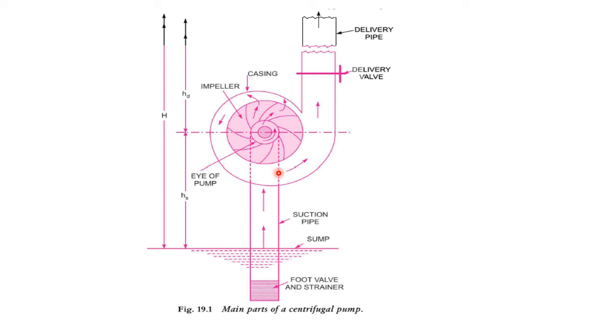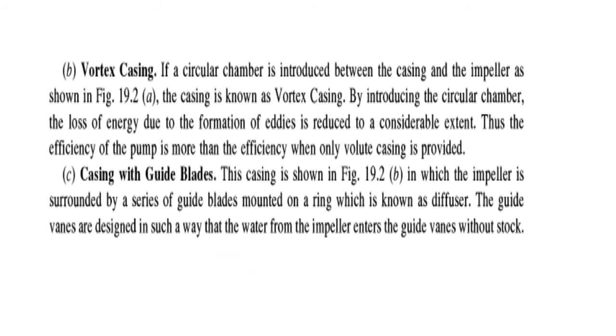Water enters through the suction pipe at the eye, and due to the high velocity of the impeller, the water rotates around the casing, and the shape of the casing is of continuously, gradually increasing area. So velocity head converts into pressure head.